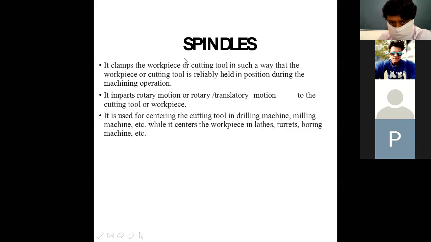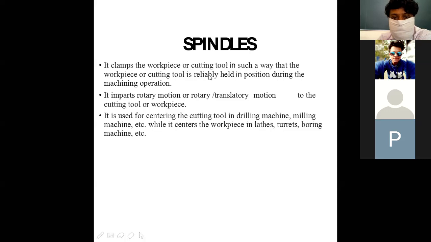So two things you must remember about the spindle: it clamps the workpiece or cutting tool, and it holds it in position reliably.